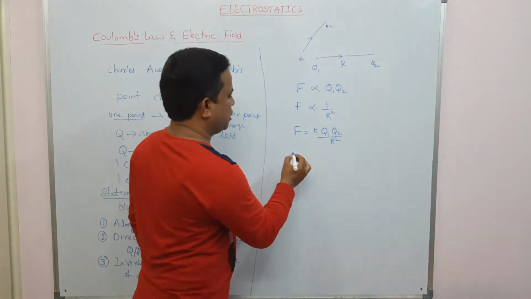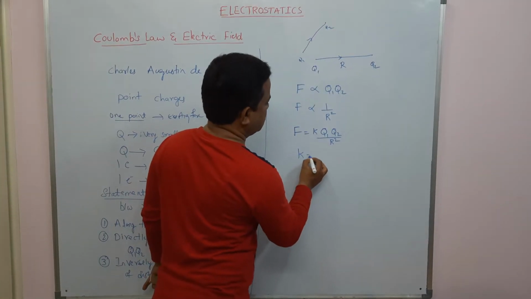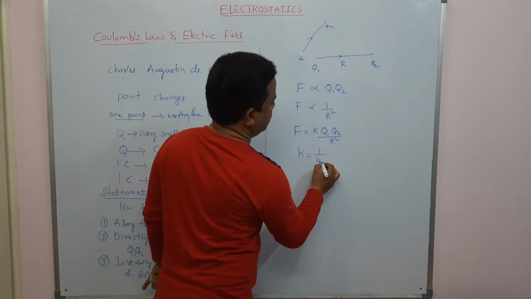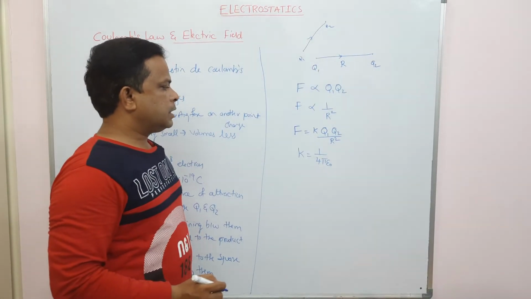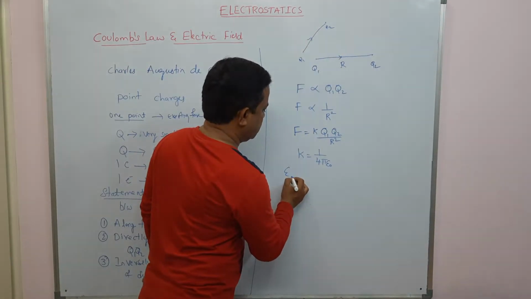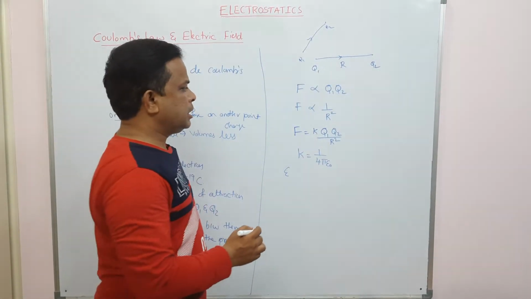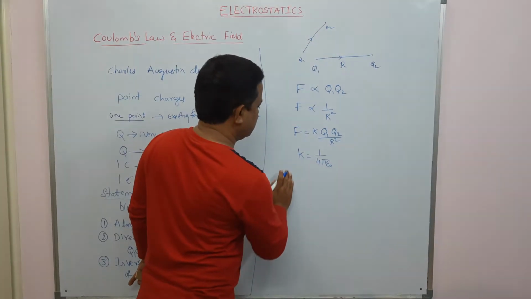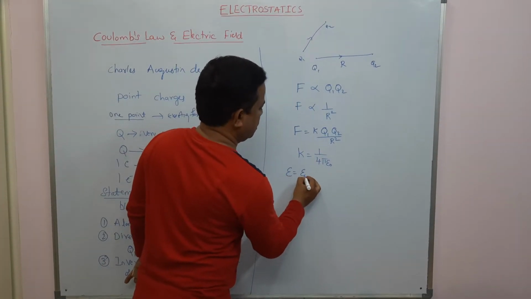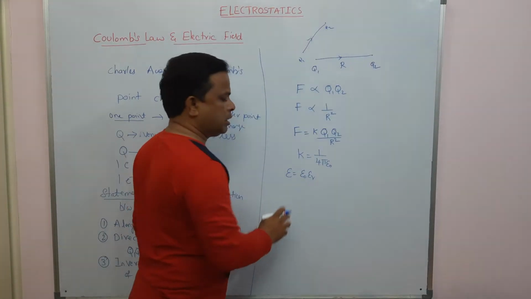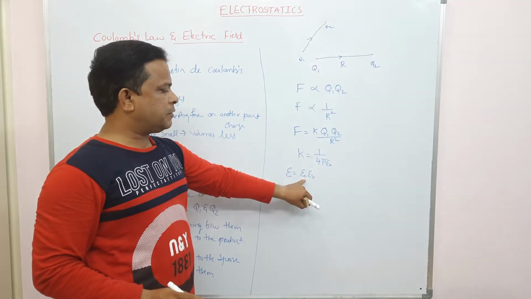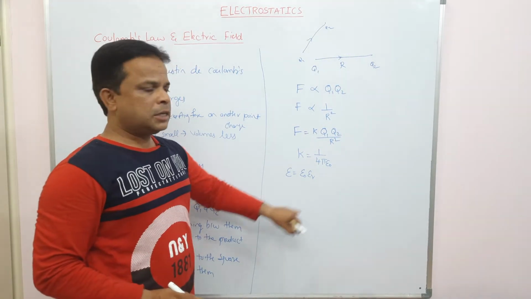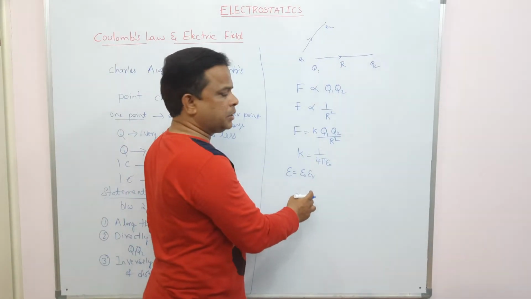If I take the constant of proportionality k is equal to 1 by 4 pi epsilon naught, where epsilon naught is the permittivity of free space. Epsilon is equal to epsilon naught into epsilon r, so this is the permittivity of the medium, and epsilon r is the relative permittivity.